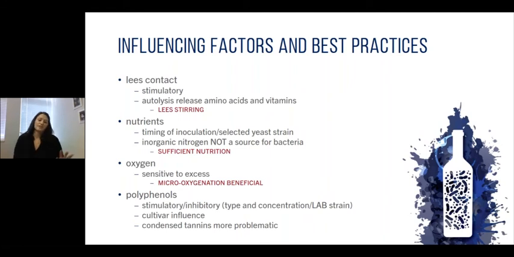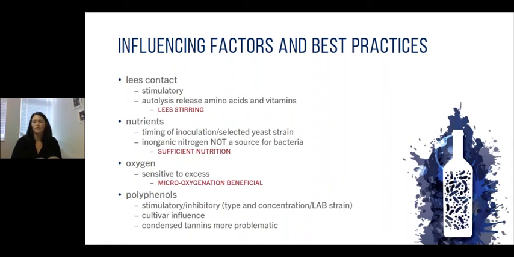Polyphenols is actually kind of a subject by itself. There's so much research being done on it, and it's very contradictory in some senses because it's very dependent on which type of compound is present, how much there is. The bacteria strains differ quite a lot in terms of their tolerance.